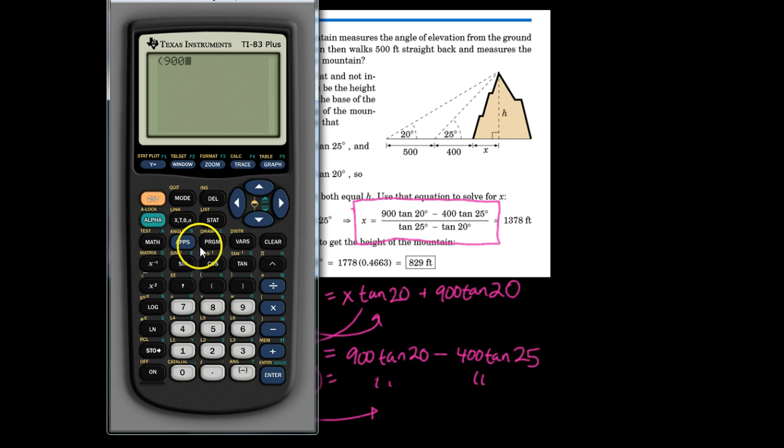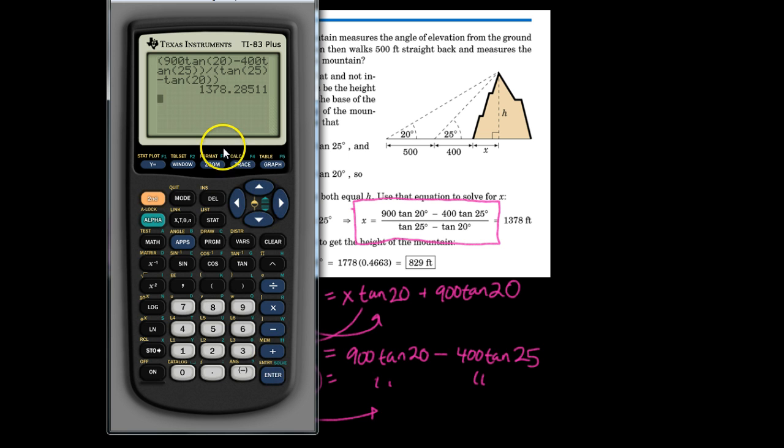So it's 900 tangent of 20, close those parentheses up for the tangent, then it's minus 400 tangent 25, close parentheses for the entire top, divided by, now do parentheses below, you have tangent of 25 minus tangent of 20, close parentheses for the bottom. Drum roll, please. Here we go.